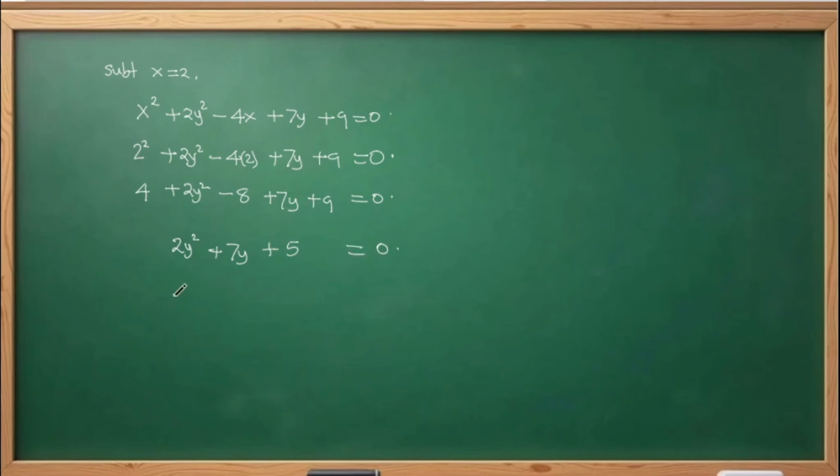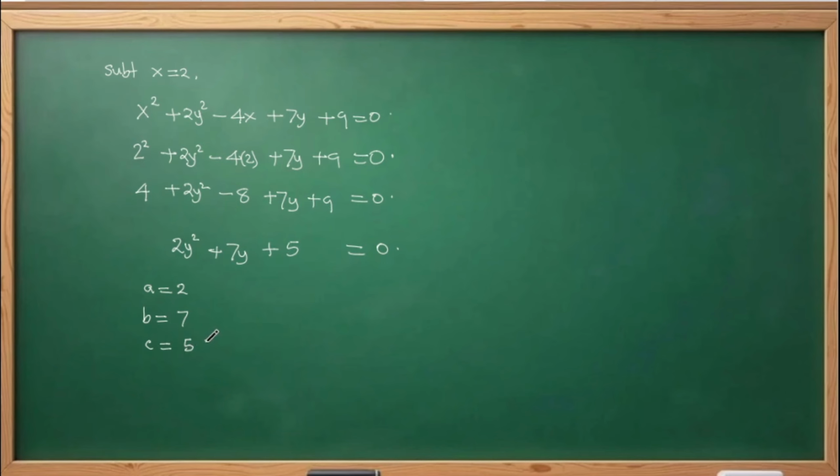So we have 2y squared plus 7y plus 5 equals 0, a quadratic equation to solve. Now the best method here could be the formula. So we'll state the value of a as 2, the value of b as 7, and the value of c as 5.